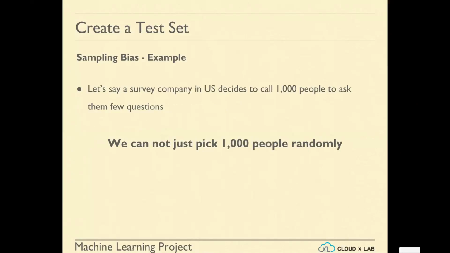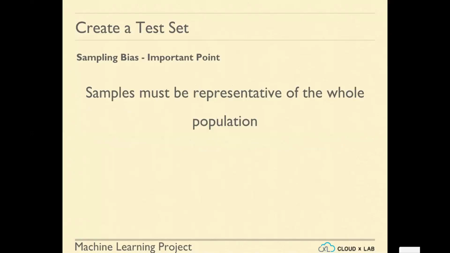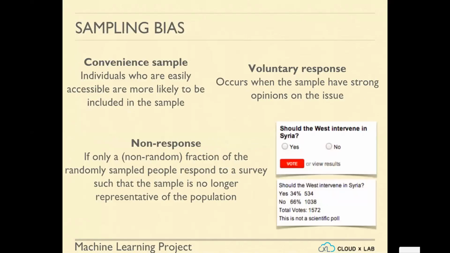Because the chances are that we would end up with sampling bias. The samples must be representative of the whole population. There are three kinds of sampling biases.